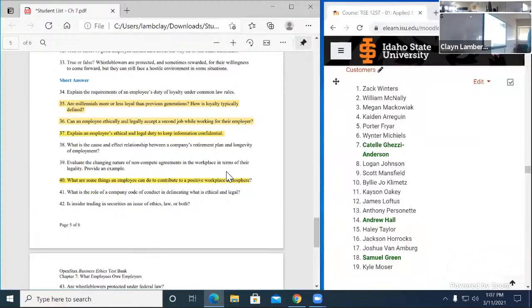An ethical duty says, knowing what this company does, knowing what their interest is, what should I not share, even if they haven't said anything about it, to protect their interest with other people? Great way to describe it there, Tanner, thank you.